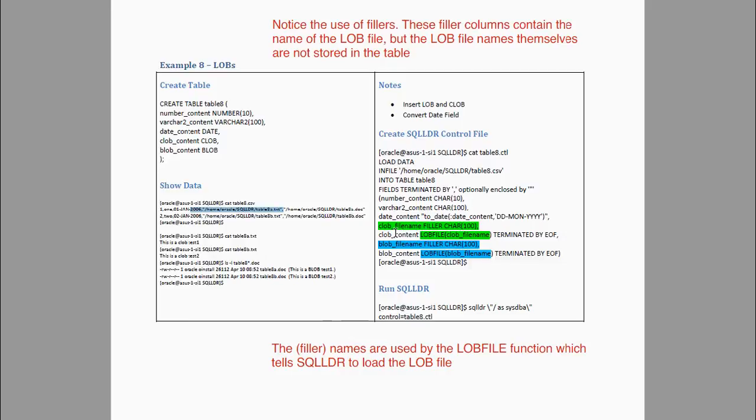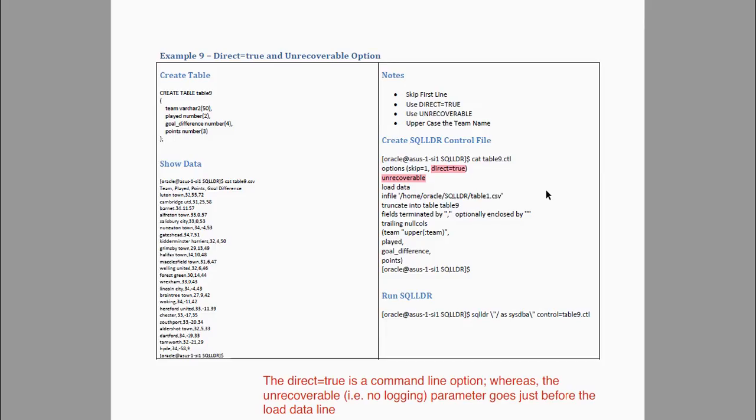Then later we want to populate the clob content. We say it's LOBFILE of the filler name, so it knows the file name of what the clob content is, and we say terminated by EOF. That's important, and that will load the clobs and blobs for us.